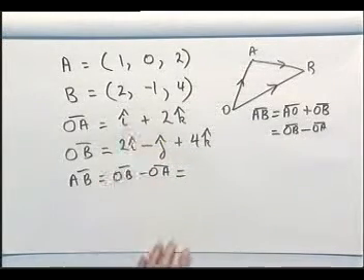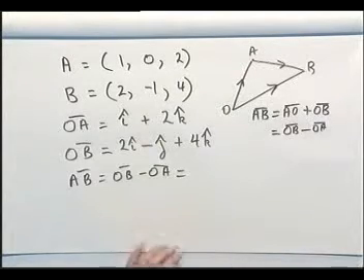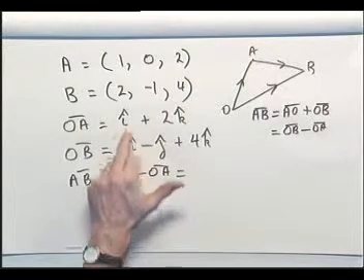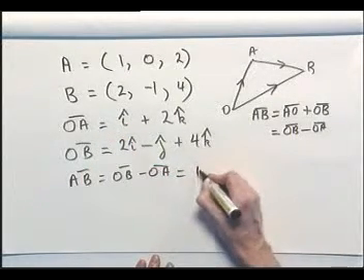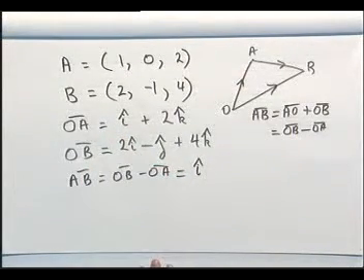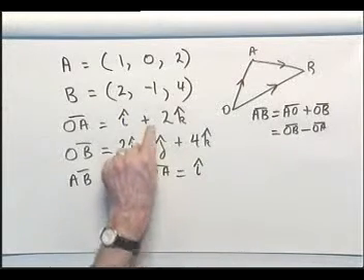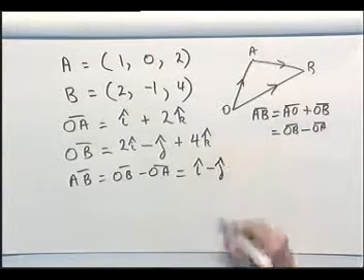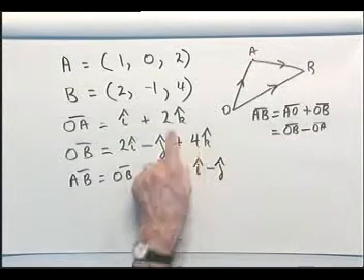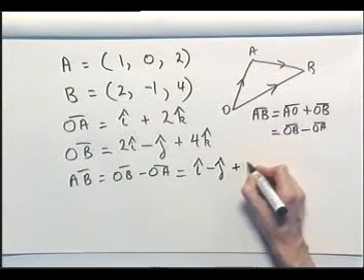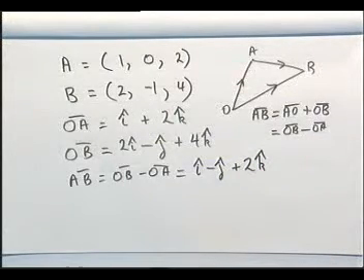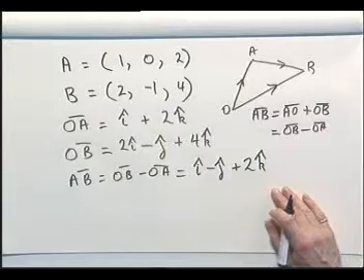And all we do to do the subtraction is what you would do naturally, which is to subtract the respective bits. So it's 2i take away i, that's just i bar, minus j take away no j's, so that's minus j bar, and 4k take away 2k, that's plus 2k. So now we have our vector AB bar.